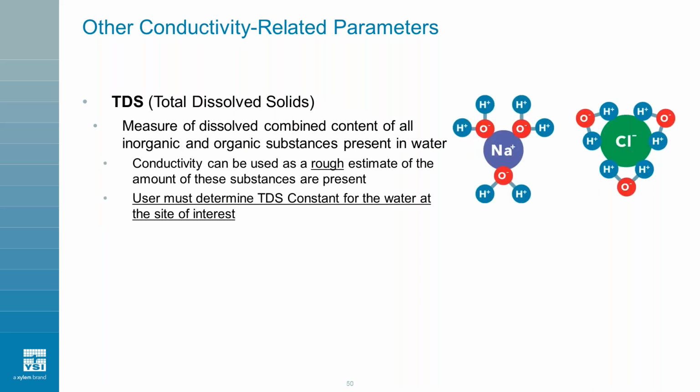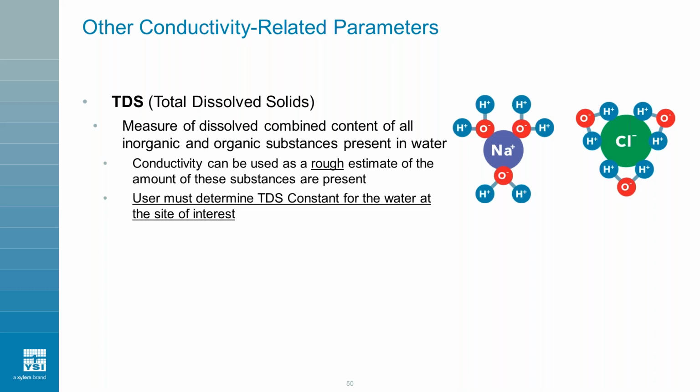Okay, and now for the folks that are interested in total dissolved solids, I do want to touch on this as well. Total dissolved solids basically measures all of the dissolved substances, inorganic and organic, present in a liquid. This generally tracks pretty well with conductivity, but it is not perfect, and it requires the user to do some additional work to achieve accurate readings.